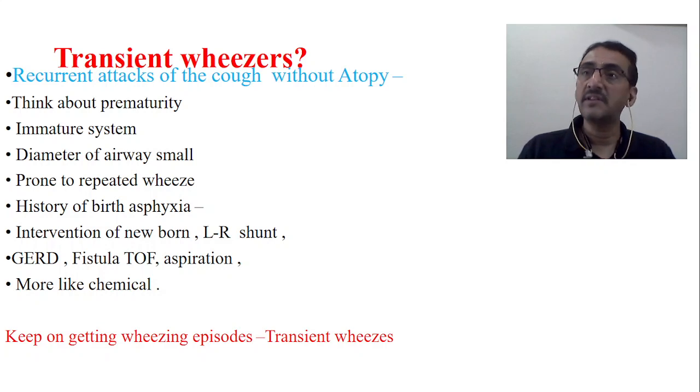So these all things may lead to wheeze or cough in a child without the history of atopy, and such things are called non-atopic type of allergic disorders in childhood. Usually such kids or infants will frequently get attacks of wheezing. Therefore, we will call them transient wheezers. This group is considered under transient wheezers. Transient means for a stipulated time, they will have the wheezing, and this is happening repeatedly.